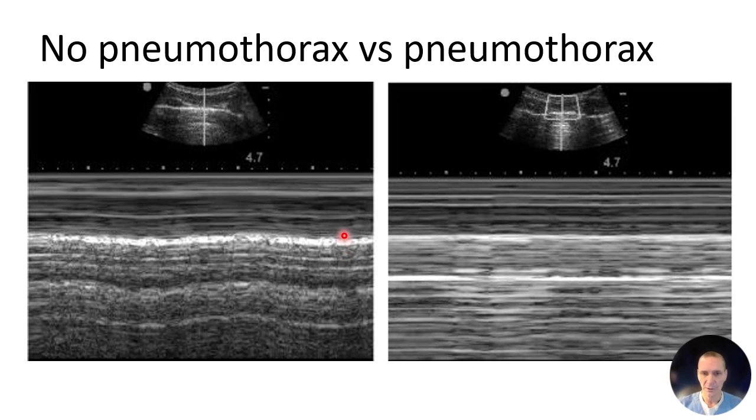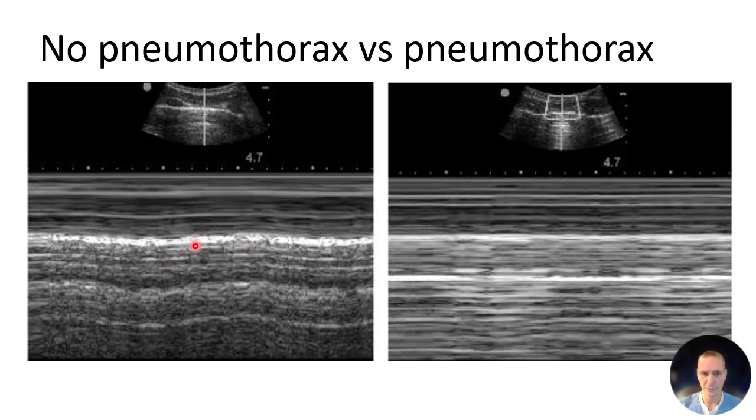Now, M mode. Clinically, you do not need M mode to tell you that the lung is up or there is potentially a pneumothorax. However, for documentation purposes, this is motion over time. And what you're going to see is they call this finding sand on the beach. So you have the sand here, this little grainy area, that represents movement.